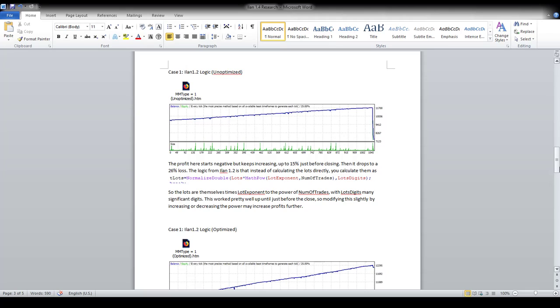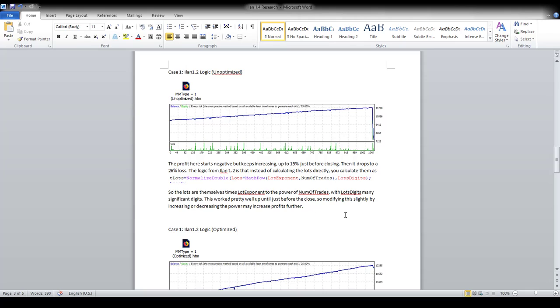Next we're going into the case 1 where we're using Ilan1.2 logic. First is the unoptimized. It's going to about a 15 to 17% profit just before it crashes. So we're doing a lot better up until close, at which point it kind of dies out.